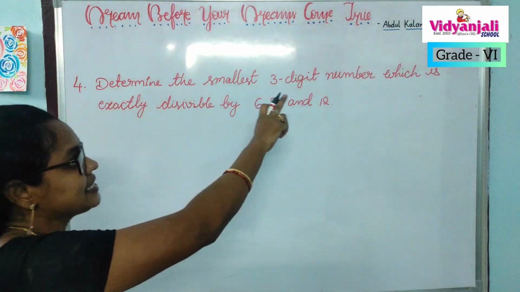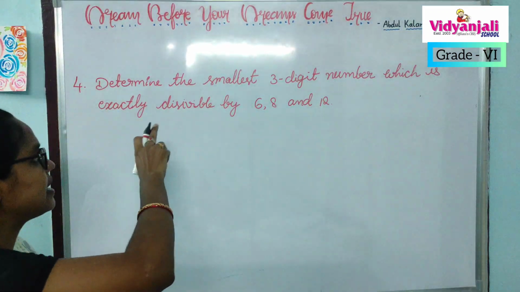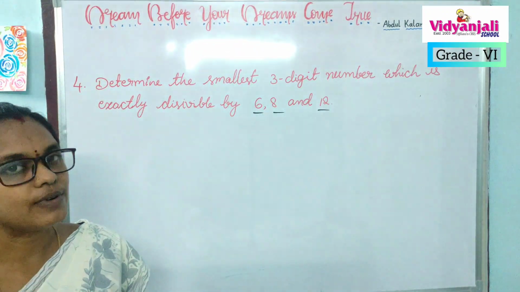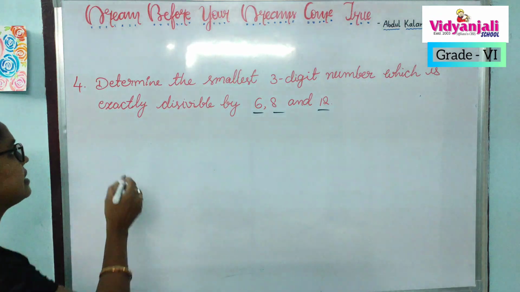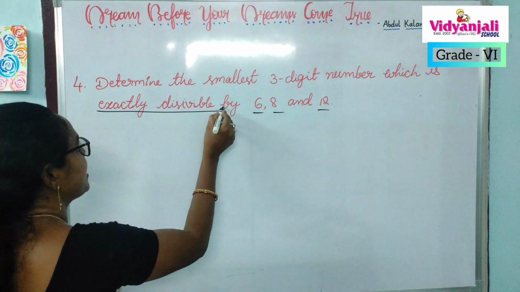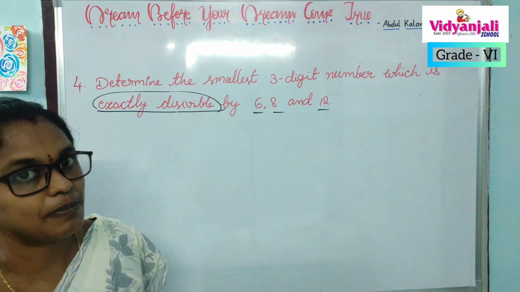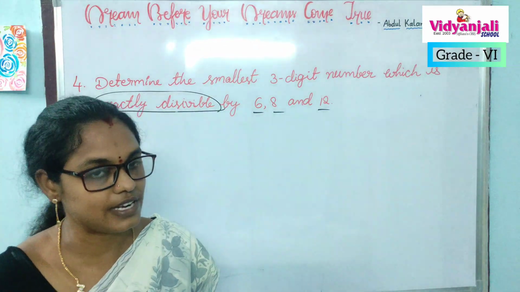Determine the smallest three-digit number which is exactly divisible by 6, 8 and 12. What's the keyword in this question? Exactly divisible by, right? When we have the words divisible by or exactly divisible by, we have to find the LCM. We know that, right?